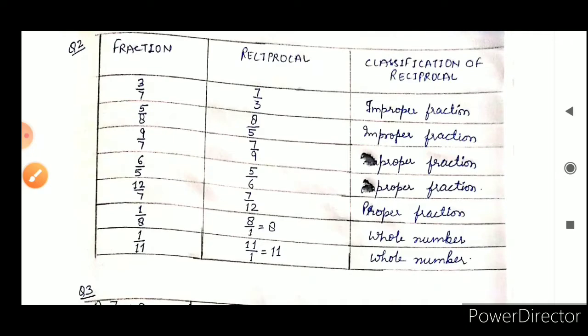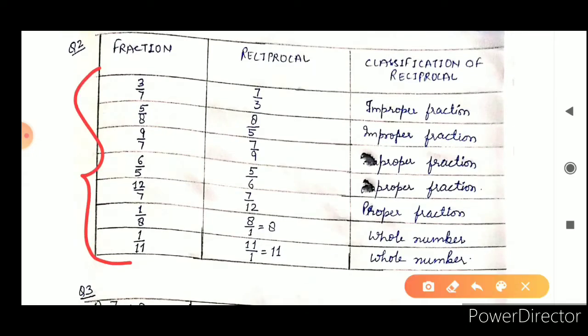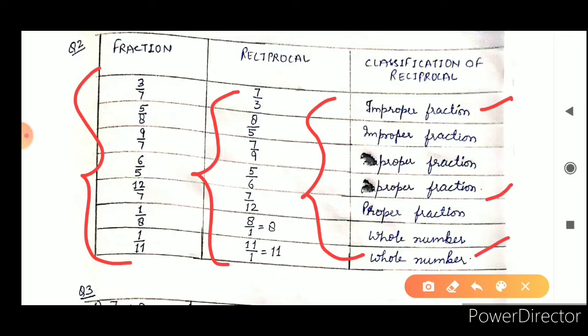Now in question number 2, the fractions are given. We have to first write down the reciprocal and then classify them as improper, proper and whole numbers. Suppose 3 by 7 is a given fraction, its reciprocal will be 7 by 3, and we know that the numerator is greater than the denominator, so it is an improper fraction.